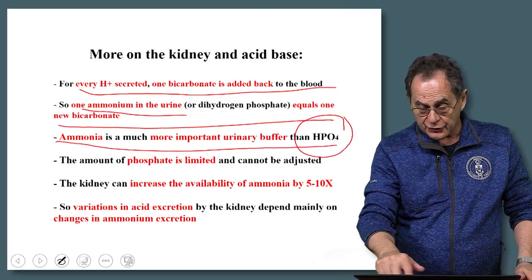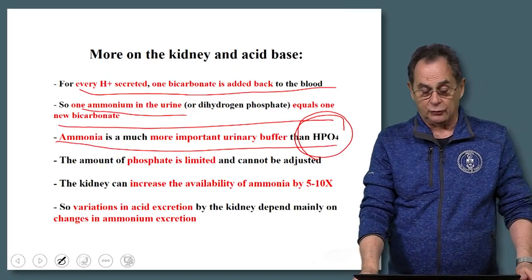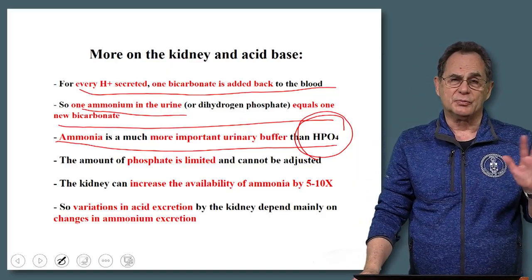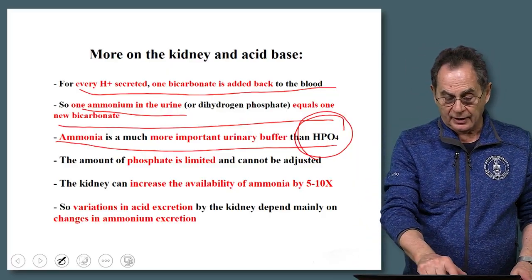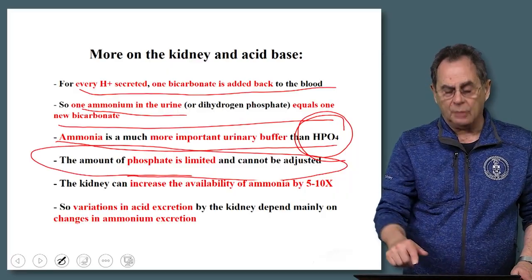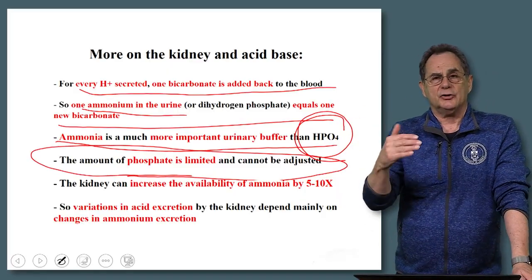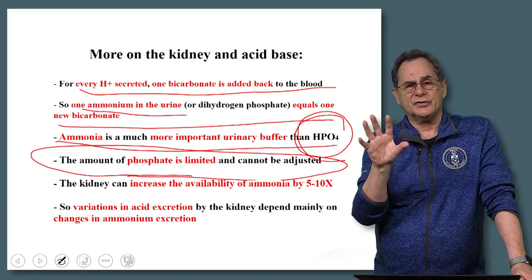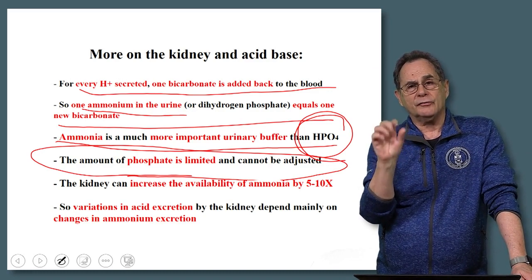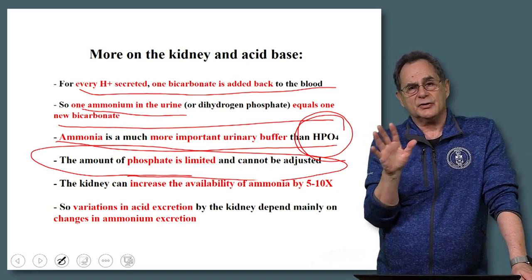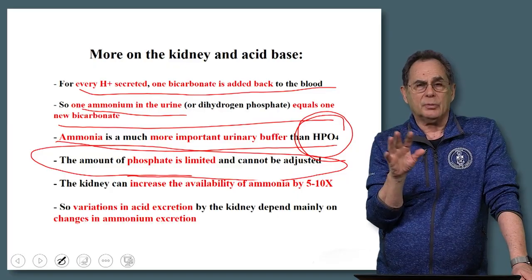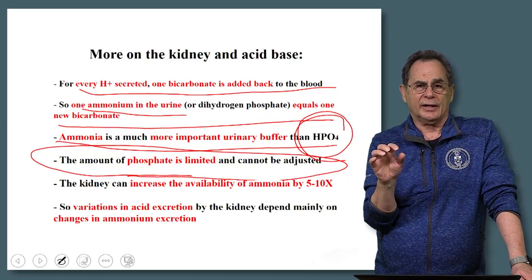There are others in the urine, phosphate, for example, sometimes as much as 30 millimoles a day, but phosphate cannot be adjusted. Our ability to increase or decrease phosphate as an important buffer in the lumen of the kidney is very, very limited. In fact, probably not easily regulated.